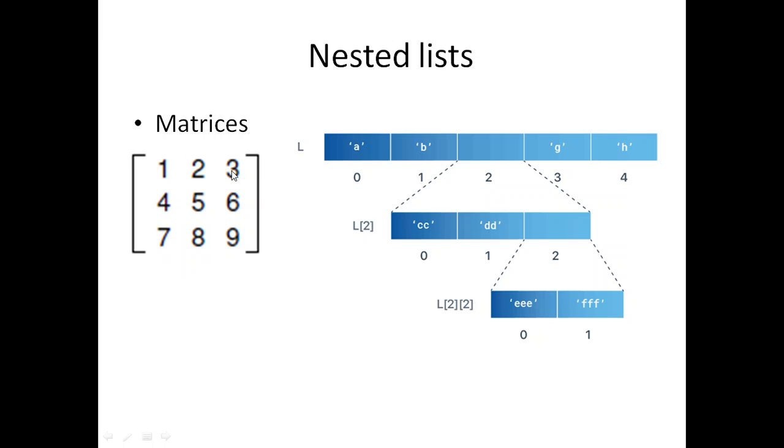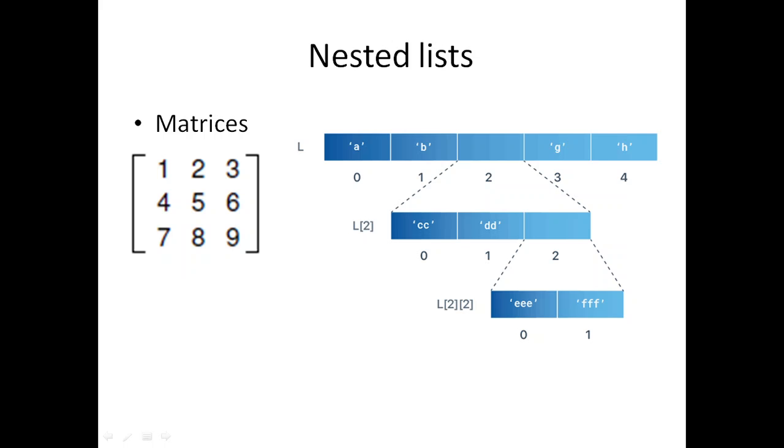If we want to create matrices like this, it is also possible using list. If I want to create a matrix like this, the first row will be 1, 2, 3.